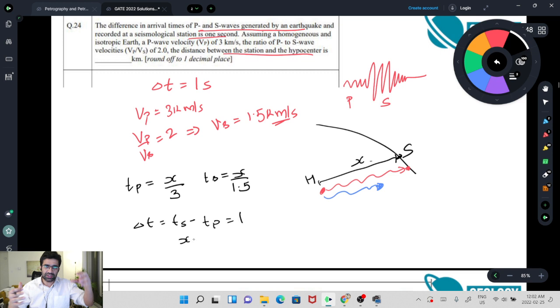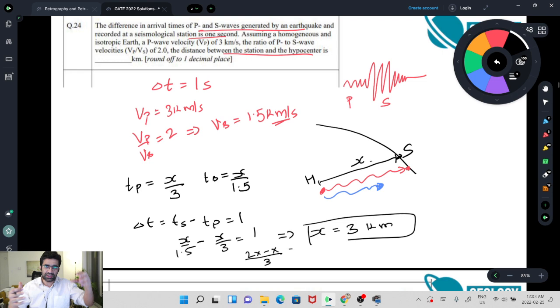So x by 1.5 minus x by 3 equals 1. You can solve this for x, and the answer is x equals 3 kilometers. Taking 3 as the LCM, it becomes 2x minus x equals 1, so x equals 3.